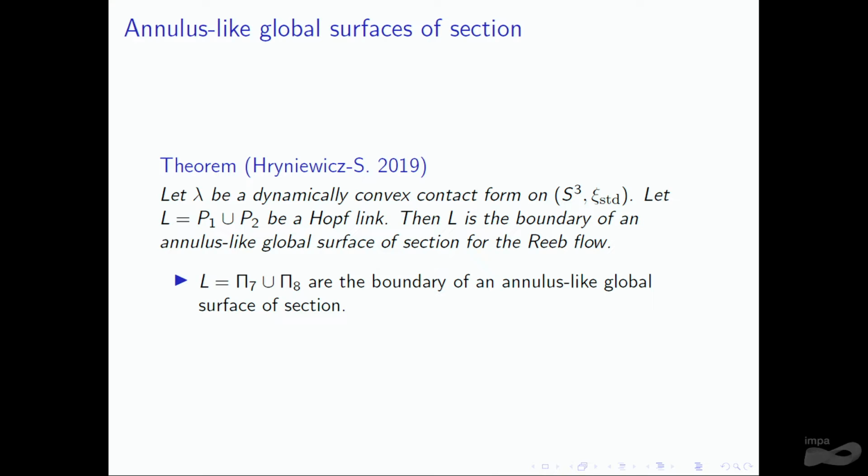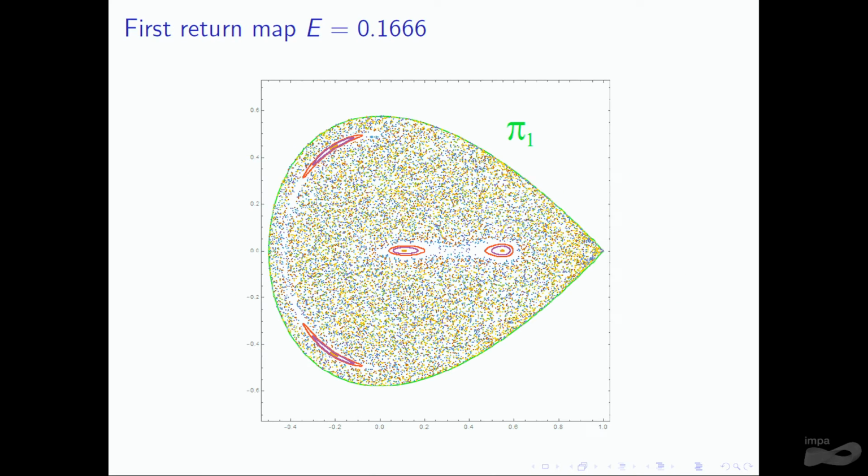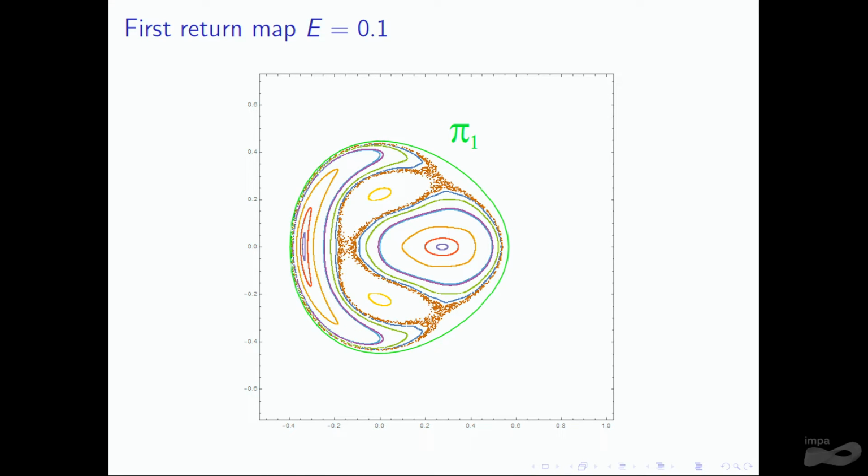You said before that according to the energy it's harmless. That's 7.8, and the other... Depending on the energy, in the beginning it's elliptic, but when you are close to the critical level, it bifurcates and becomes hyperbolic. In this picture, you see here, the blue one, pi 7, pi 8, they are here.